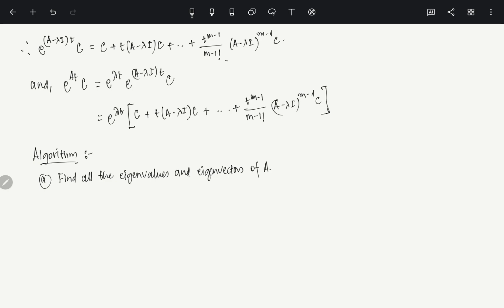If A has n linearly independent eigenvectors, of course you have the full set, so it's not a problem. In that case it's done.